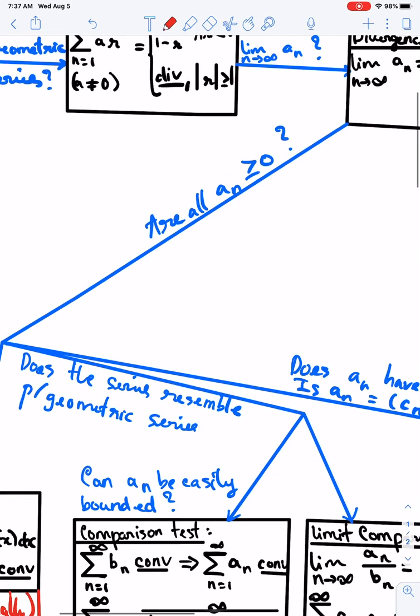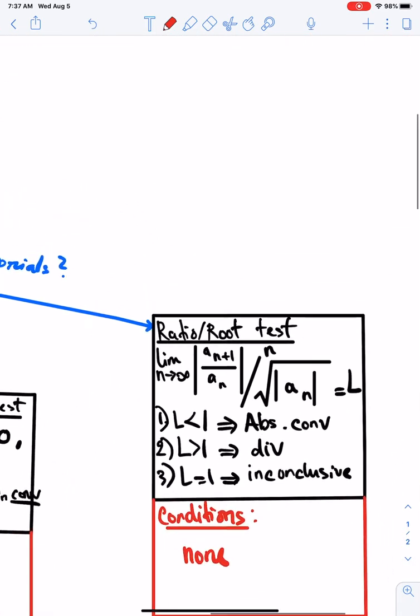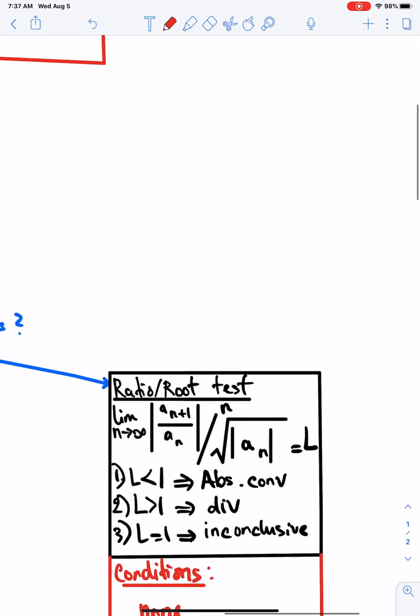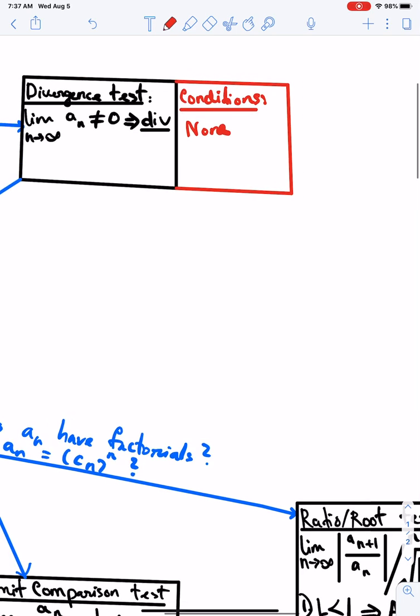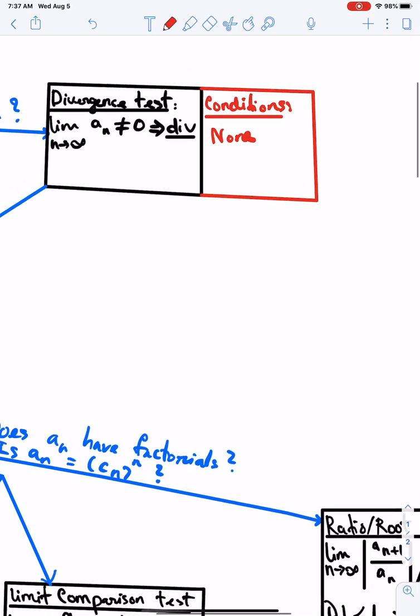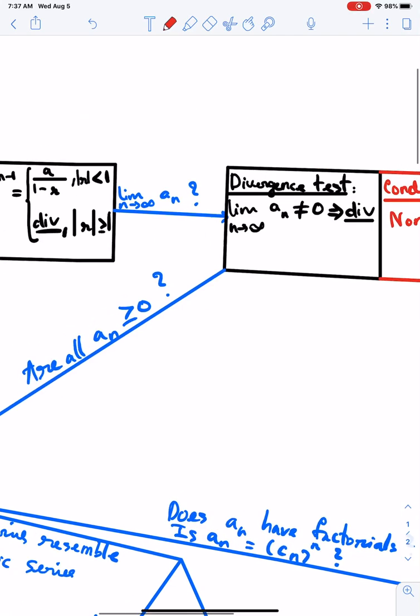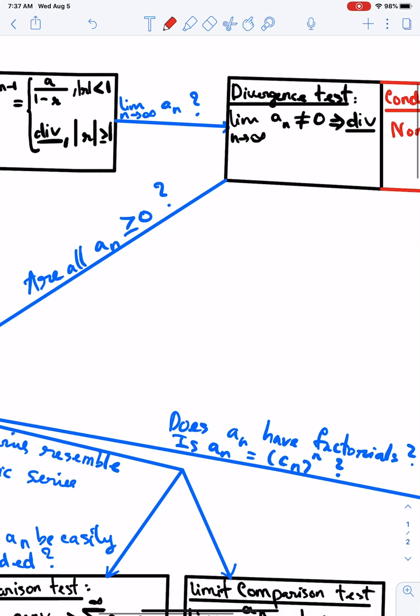You're going to apply these tests if all your terms are bigger than or equal to 0. Now, actually, the ratio root test also works for negative terms as well because we're taking the absolute value, right? So if all of the terms are positive, bigger than 0, then we want to use this strategy.